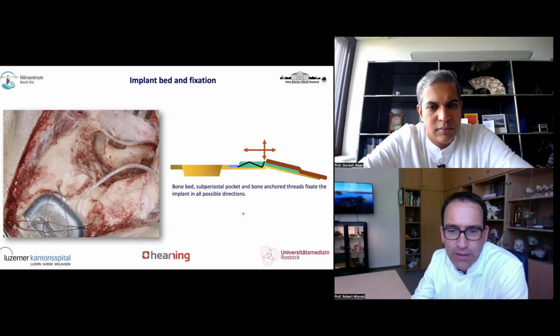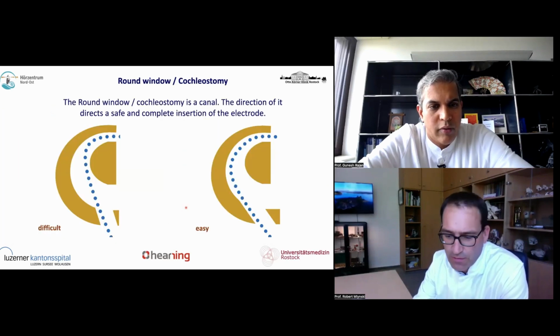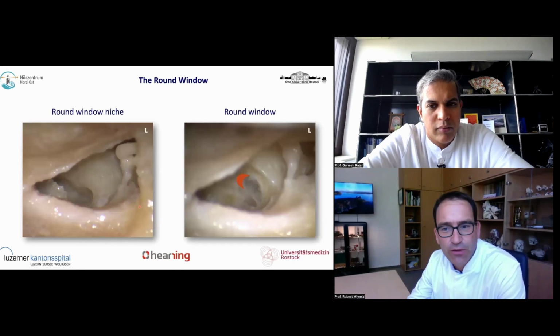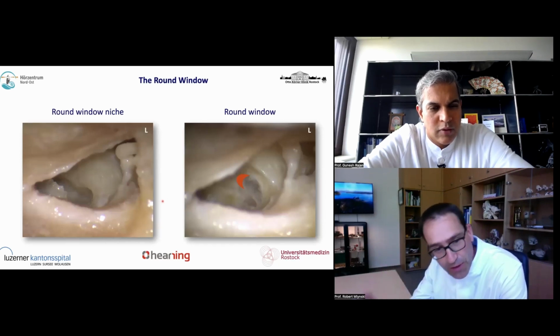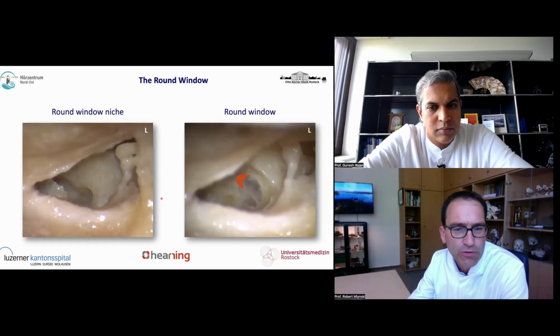So round window. This is now a temporal bone, a human, but fixed temporal bone. So left side, long process, lenticular process, pyramidal eminence. We have the promontory and facial nerve and chorda, and this would be the space for cochleostomy, but we don't do this anymore.